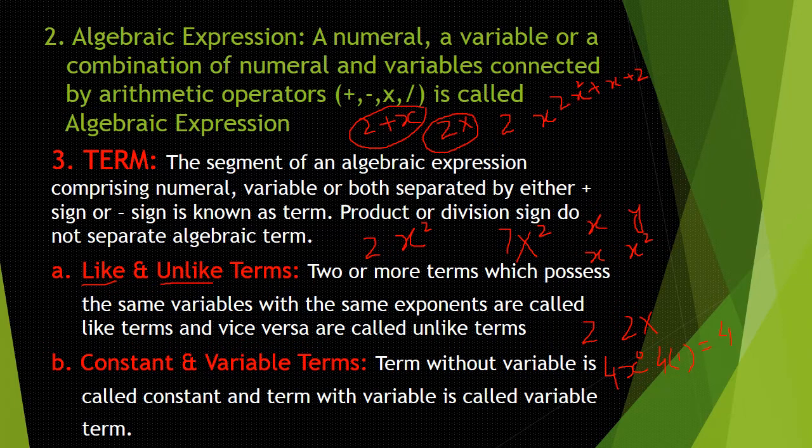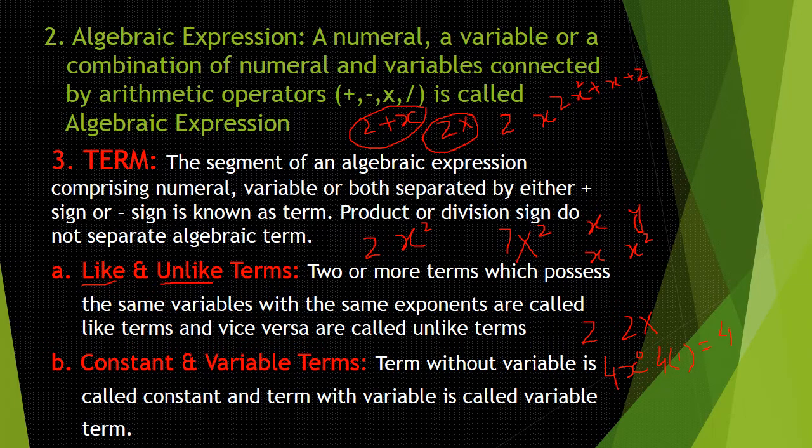What are arithmetic operators? Plus sign, minus sign, multiplication sign or division sign. These are arithmetic operators. So when numerals and variables are connected with each other through arithmetic operators, they form algebraic expressions.